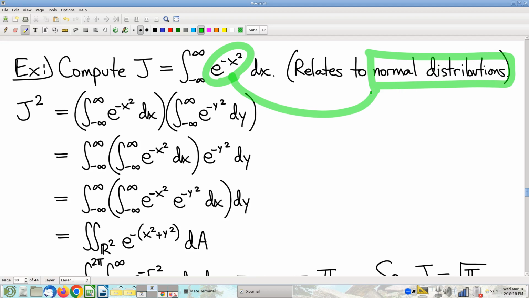And ultimately the reason for that is because it comes up because of a very significant mathematical result that involves what happens when you have any distribution at all, any distribution, and you sample it a bunch of times and then average your results. And it turns out that in the limit, everything approaches normal distributions. It's a very powerful, very important fact in probability. So anyway, very important thing to want to take an integral of.